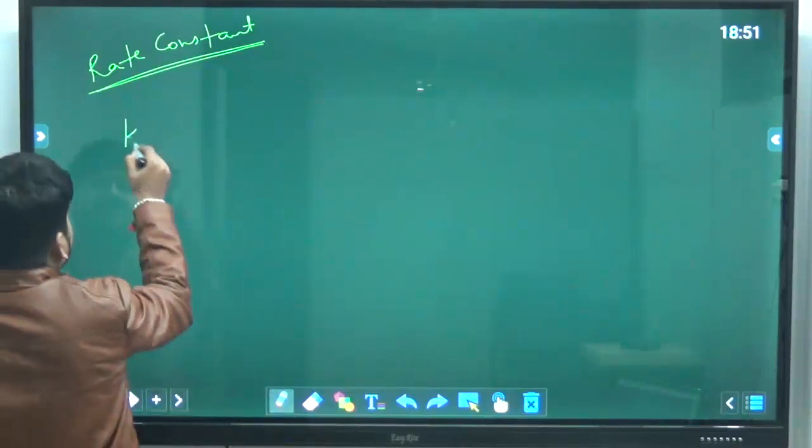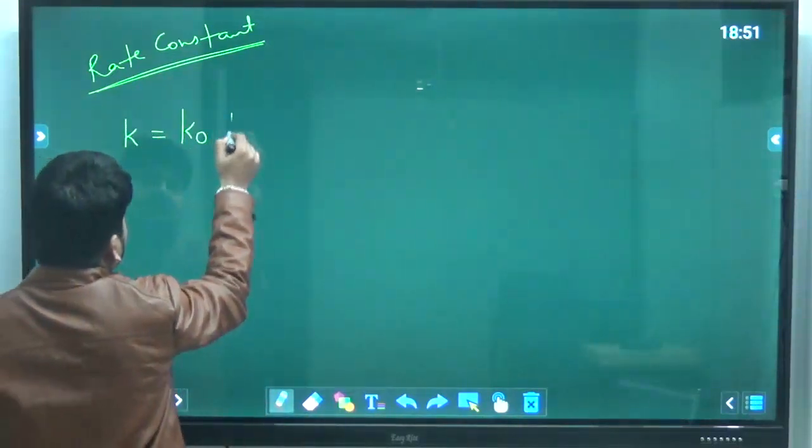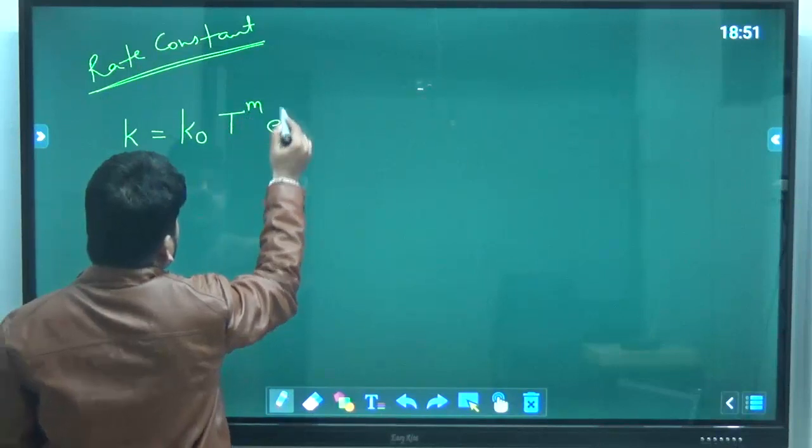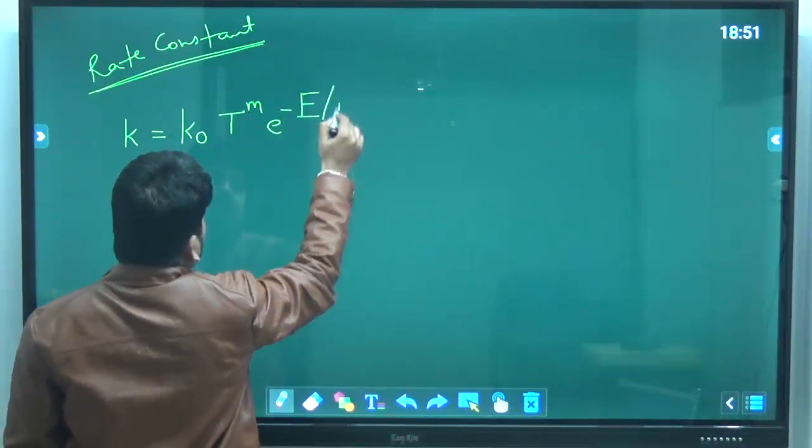So in general you can say K is equal to K naught T to the power m, e to the power minus E over RT.